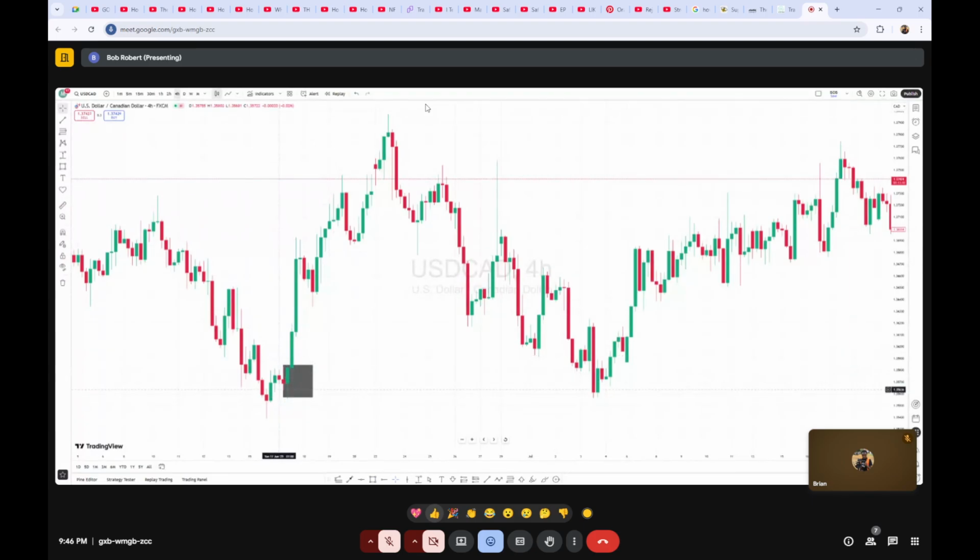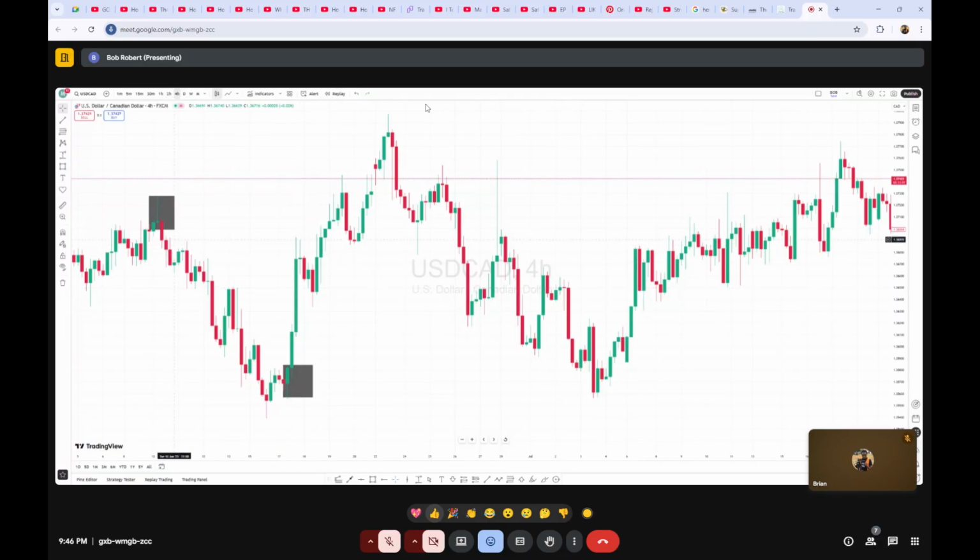So comparing this zone and the supply zone here, which one is stronger? This one is stronger because it left with huge candlesticks. Huge candlesticks mean we have a lot of buy orders that have been activated in that zone. But for this one, you see it left with candlesticks with wicks.